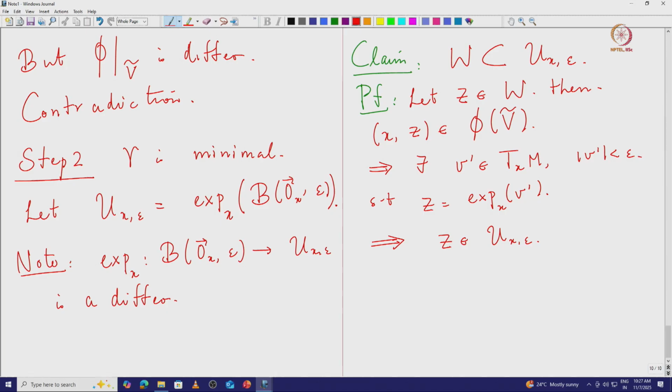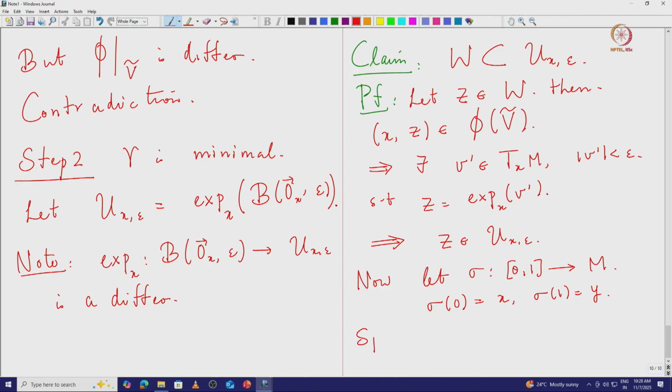Alright, so now how do you show minimality? Let sigma be a path in M connecting x and y, okay.